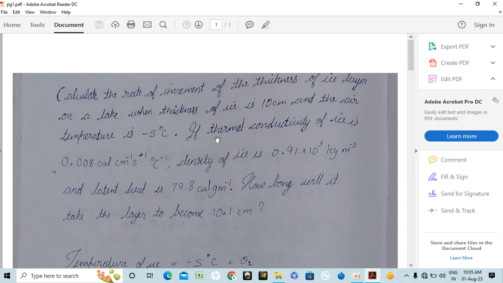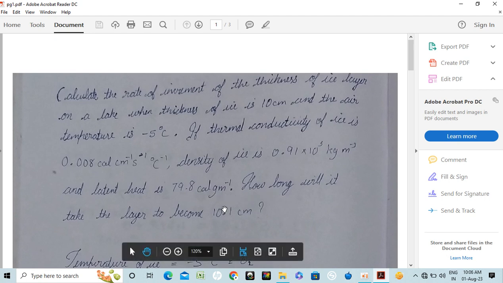If the thermal conductivity of ice is 0.008 calorie centimeter inverse Celsius second inverse degree Celsius inverse, the density of ice is 0.91 into 10 to the power 3 kilogram per meter cube and the latent heat is 79.8 calorie gram per meter. How long will it take the layer to become 10.1 centimeters?